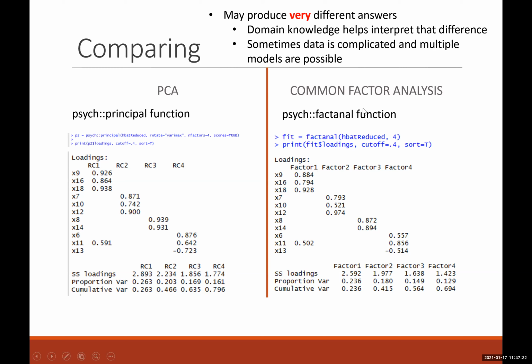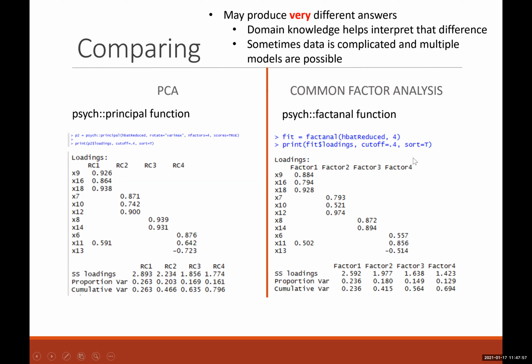That is for factor analysis, where principal is for principal component analysis. You'll notice too that in principal component analysis, we're asking for the rotation, whether it's Varimax or not. In common factor analysis, we're just running the factor analysis with the data set, choosing 4 components, and printing the loadings as we would before, but now using a cutoff of 0.4 and then sorting them.